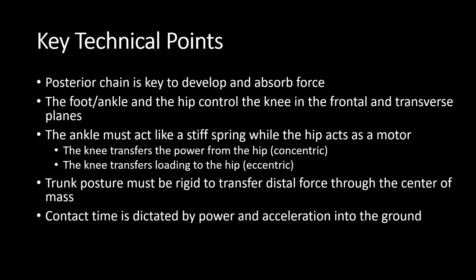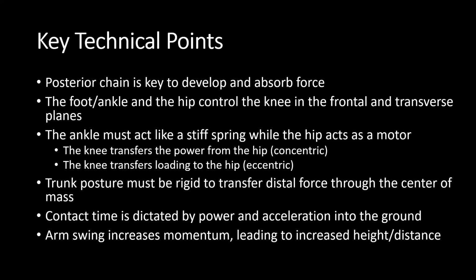So the higher the box you do a drop jump from, the longer your contact time is going to be. The more power you can produce, the more you can shorten that time. So if you're really trying to work on short ground contact time, you can't use high drop jumps. You have to use low drop jumps in order to minimize the acceleration just enough so that you can train the feeling of a short ground contact time.